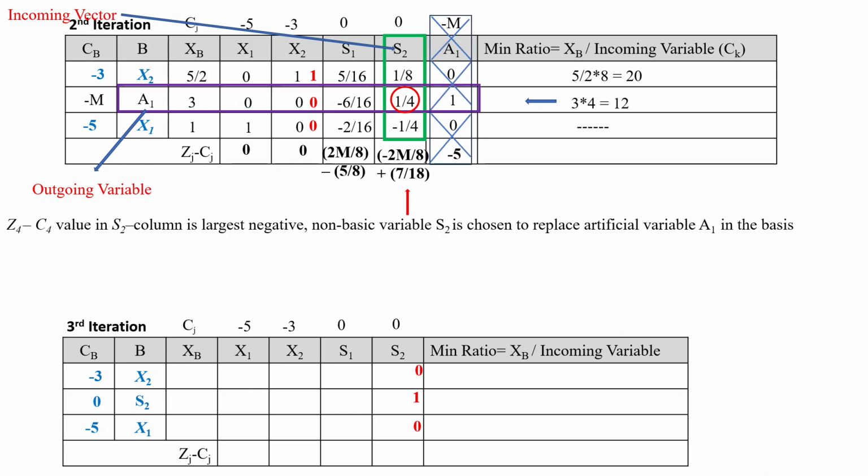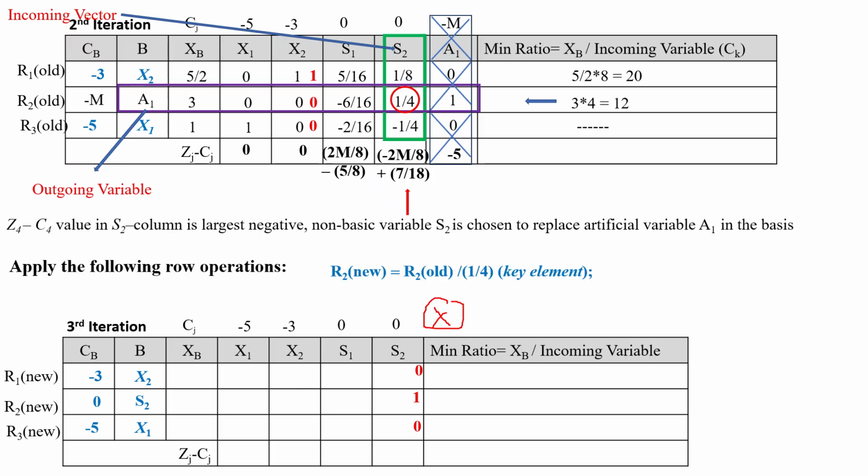And next we have to remove the A1 variable column. So in this regard we are not representing this column in the new simplex table. So next we have to do the following row operations for the next iteration. First row operation is R2 new equals R2 old divided by 1 by 4, which is equal to R2 old into 4.